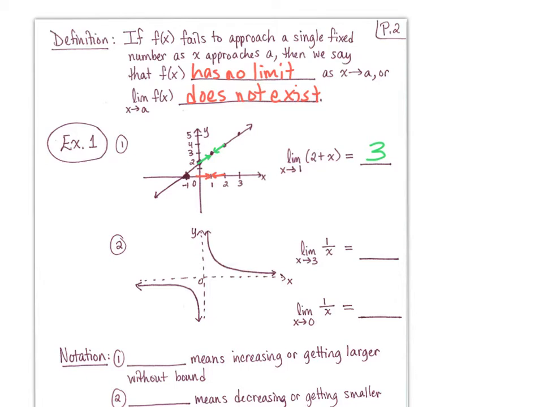Okay. So here, it's hard to determine this from the graph, but what do you think this is going to approach as x approaches 3? What do you think will be the limit of 1 over x as x approaches 3? 1/3. Very good. It's going to be 1/3.